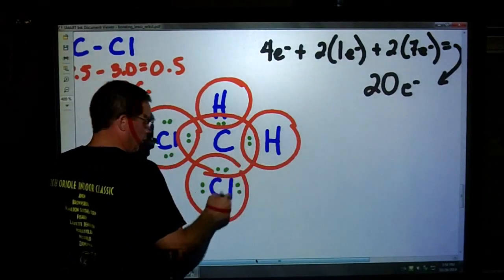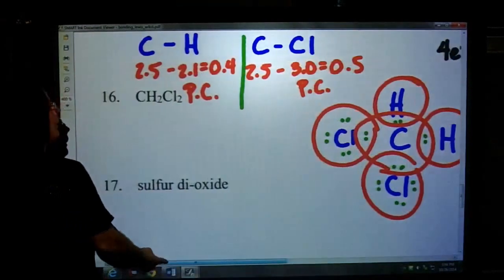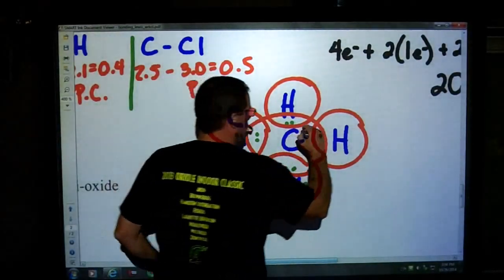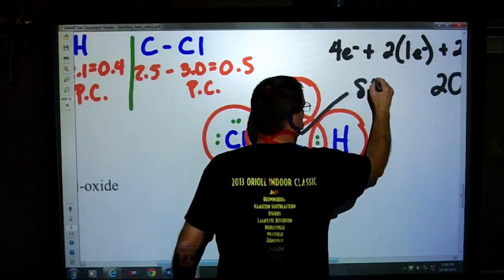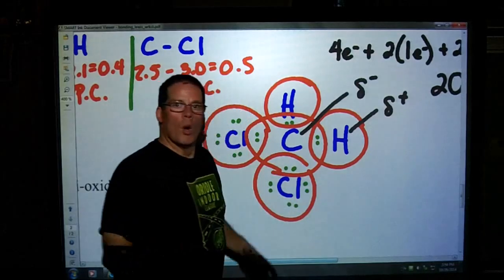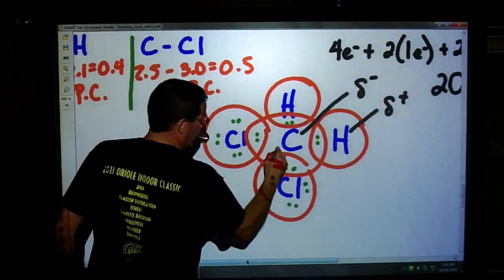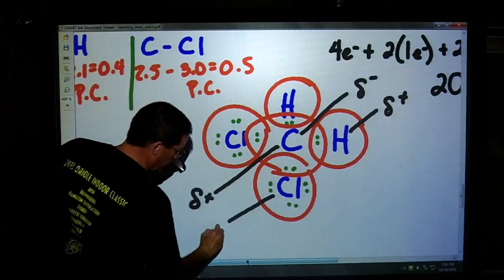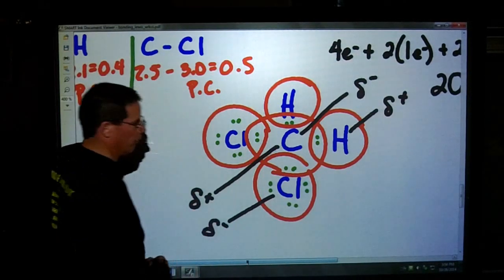Now, here's the fun part. When we look at the differences in the electronegativities, carbon and hydrogen looks like this. So carbon has a partial negative charge, where the hydrogen has a partial positive. When we're looking at carbon and chlorine, carbon now has a partial positive, where chlorine has a partial negative.